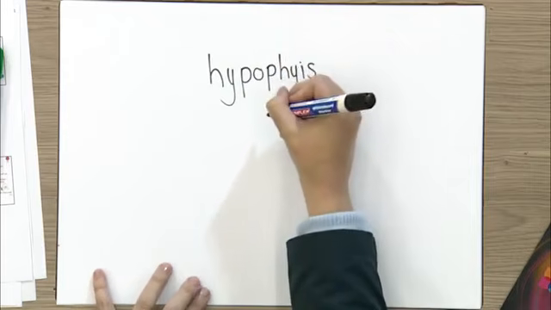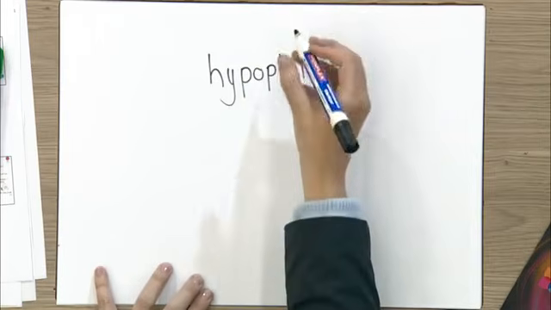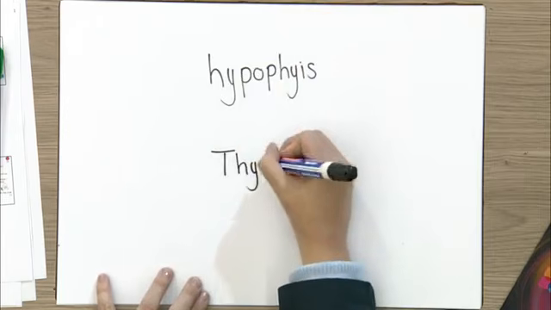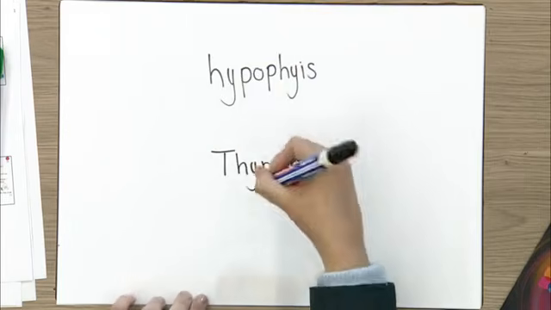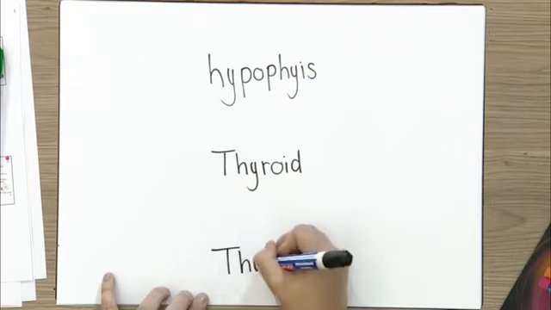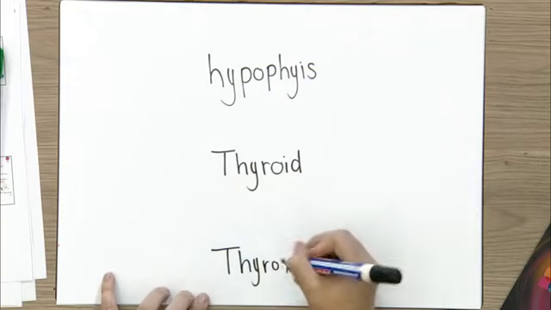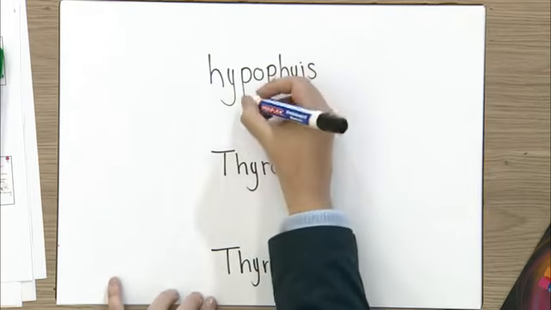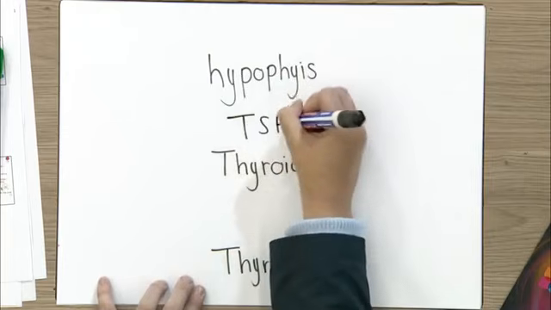And this hypophysis needs to sort of get a message to the thyroid so that the thyroid can release thyroxine. I missed one, thyroxine. Right, so here, okay.